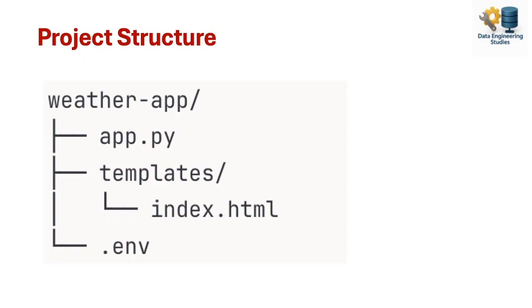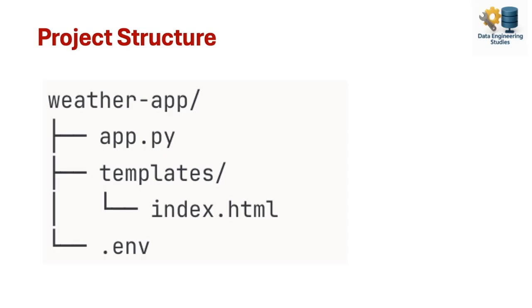Next, we have the templates folder which holds the index.html file. This is the front-end interface where the user will interact with our weather assistant. Finally, we have the .env file. This file is crucial because it stores all the sensitive information like API keys, Azure endpoints, and credentials. This is a simple structure that keeps everything organized.